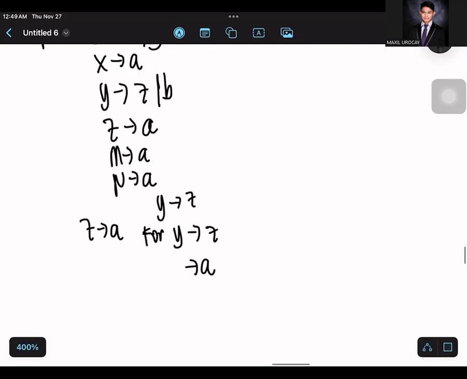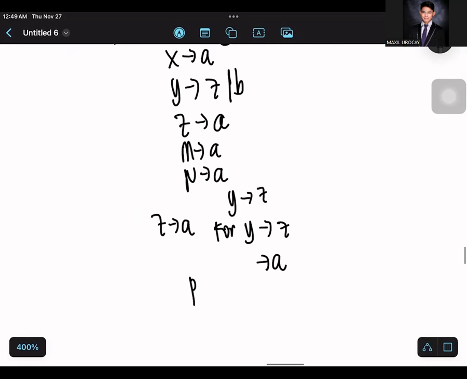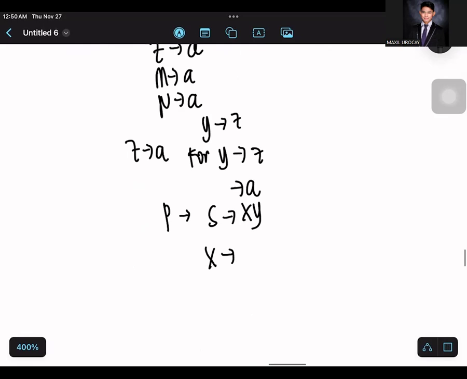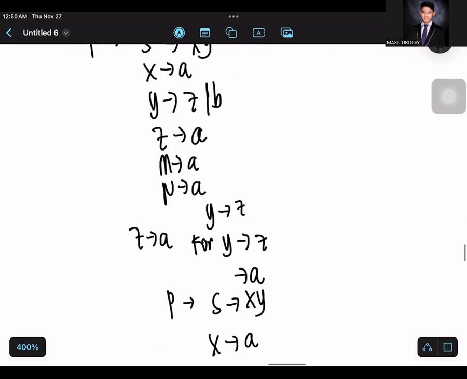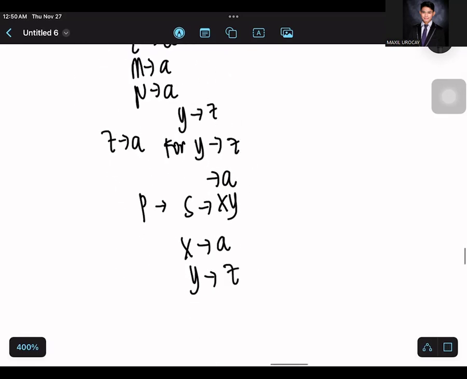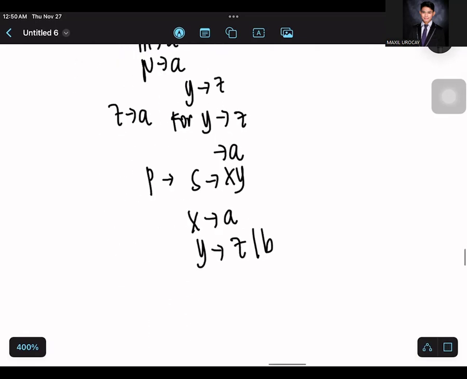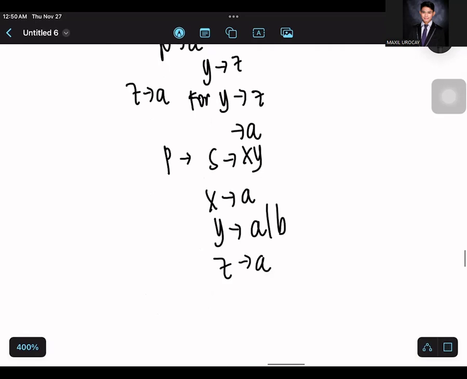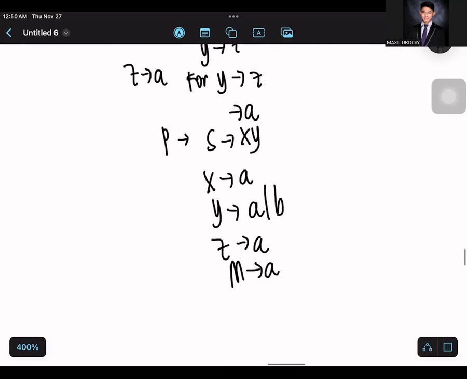So to declare it, it could become S to XY, then X would become a, and then Y would be a with b, and then Z with a, then M with a, and N with a. Now we're done simplifying everything.